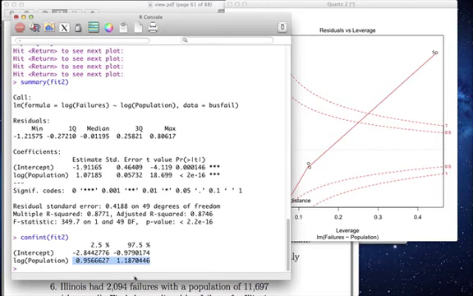The other approach would be to find a p-value for this. So how would we find the p-value? Well, we're going to take the observed statistic, which is 1.07185, subtract from that the mean. So the mean under the null hypothesis that this slope is 1 is 1.